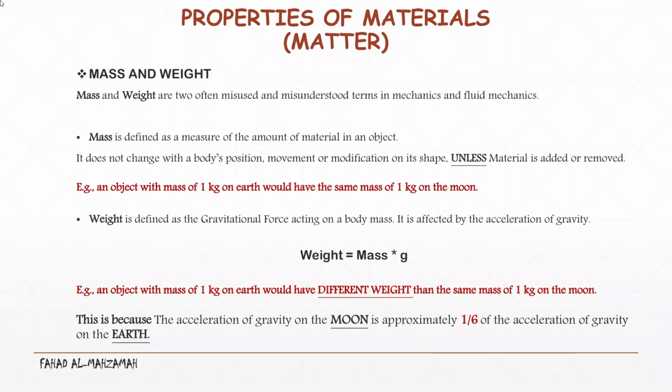That's because the acceleration of gravity on the Moon is approximately one sixth of that on the Earth. g on Earth is equal to 9.81 meters per square second, but the acceleration of gravity on the Moon is 9.81 divided by 6 meters per square second. So they will have different weights, but the same mass, 1 kilogram.